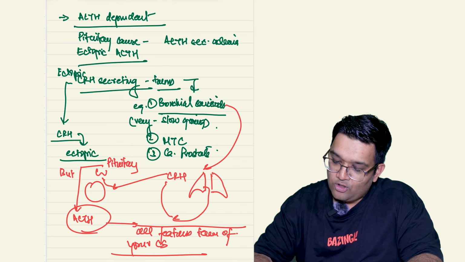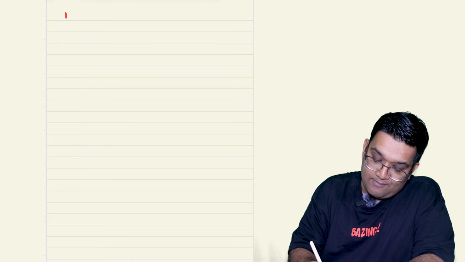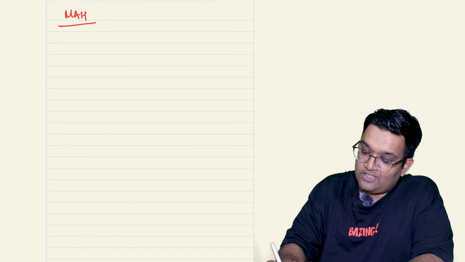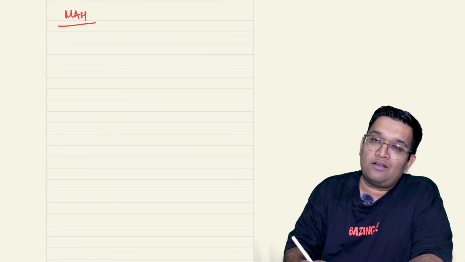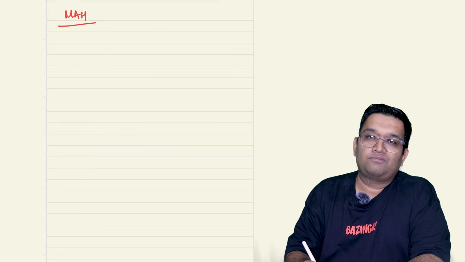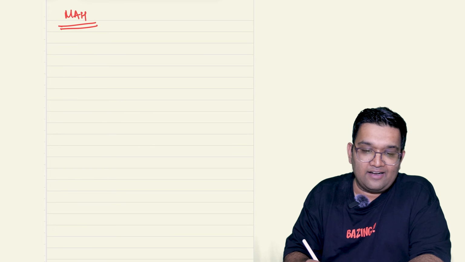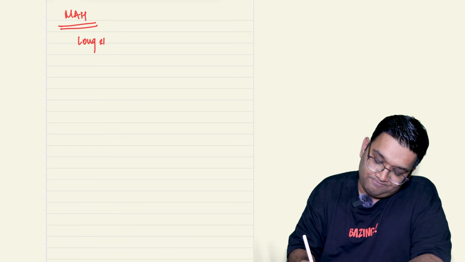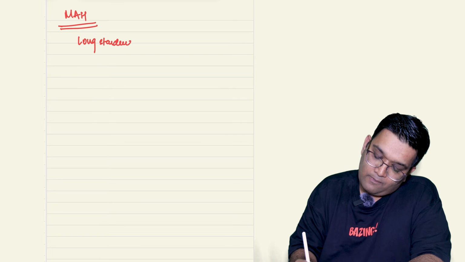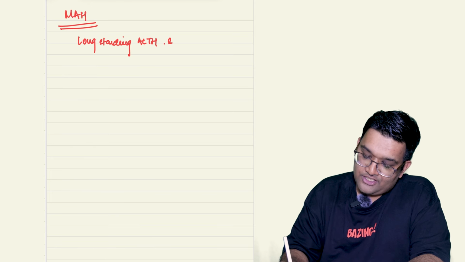Alright, now coming on to the other causes, such as the MAH. This was also one of the causes of your ACTH dependent Cushing syndrome. So macronodular adrenal hyperplasia. So what it is? It is basically because of long standing ACTH stimulation.